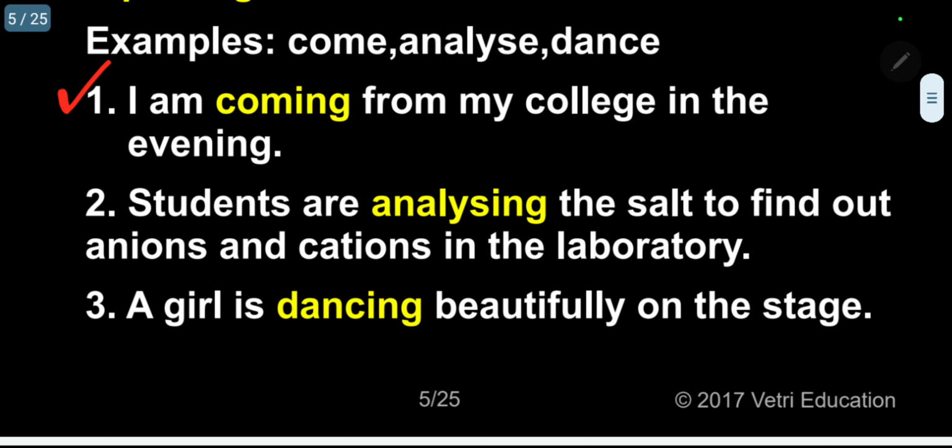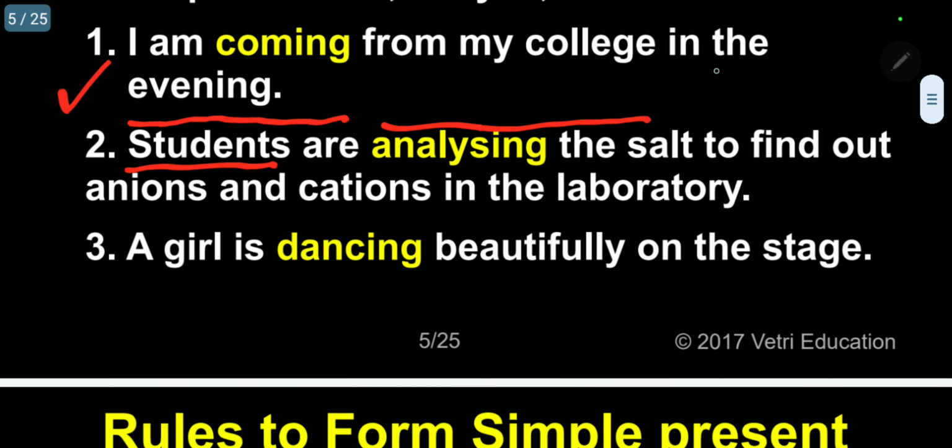So now I am converting this come as: I am coming from my college in the evening. நான் மாலையில் எனது கல்லூரியிலிருந்து வந்து கொண்டிருக்கிறேன். I am coming from a college in the evening. So I have removed E, added ing. Please follow. The second example.